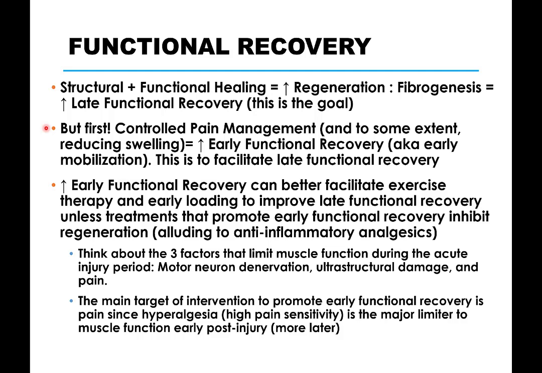Well, first you need to understand what the major limiters to muscle function are in the early post-injury phase. We said that the three limiters include ultrastructural damage to the muscle fibers, motor neuron denervation, and pain/nociception. So of these three, what do you think is the factor that can be immediately addressed to help reduce the limitation to muscle function early on?